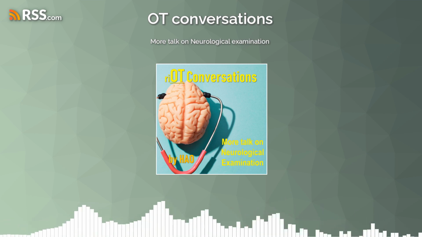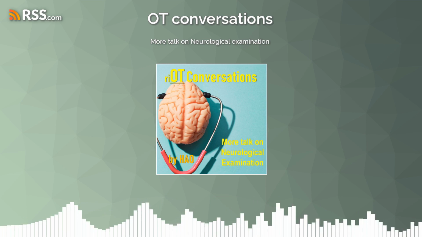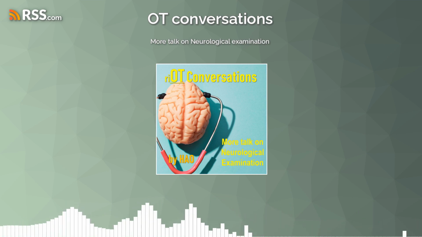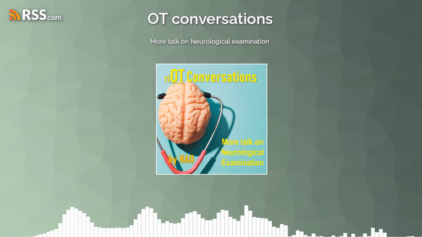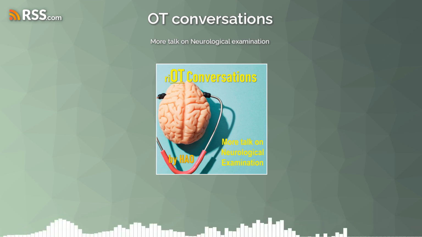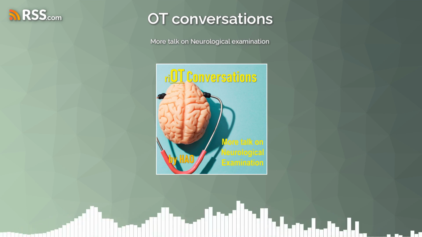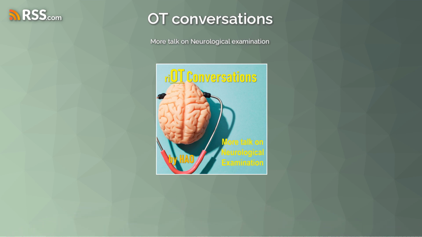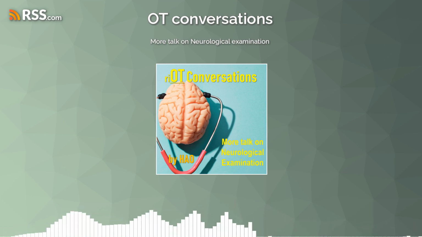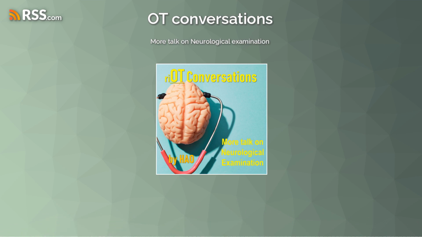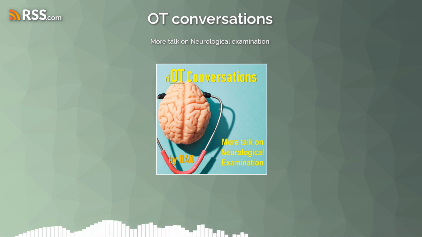Now, another scenario is that you will come across a person presenting with some speech problem, and you don't know whether it is a problem of aphasia or dysarthria. So what are the differences between the two? Well, aphasia is a problem of language, whereas dysarthria is a problem of articulation.